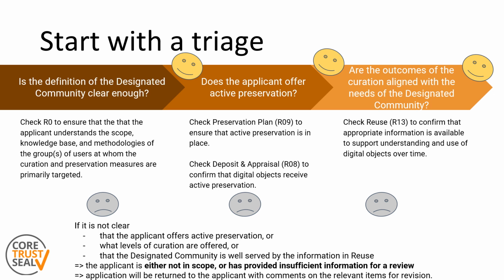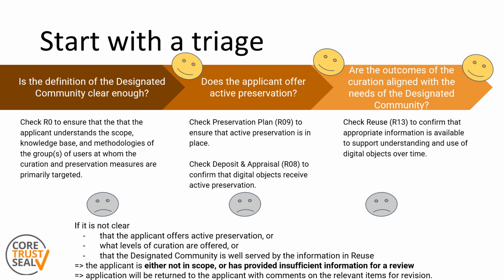Secondly, check requirements 8 and 9 about the preservation plan and deposit and appraisal. The applicants must take responsibility for active long-term digital preservation for a designated community. Thirdly, check requirement 13 to confirm that appropriate information will be available to support understanding and use of the digital objects over time.